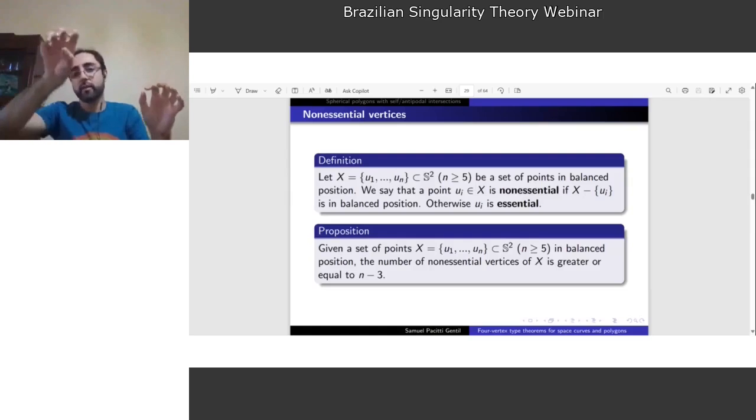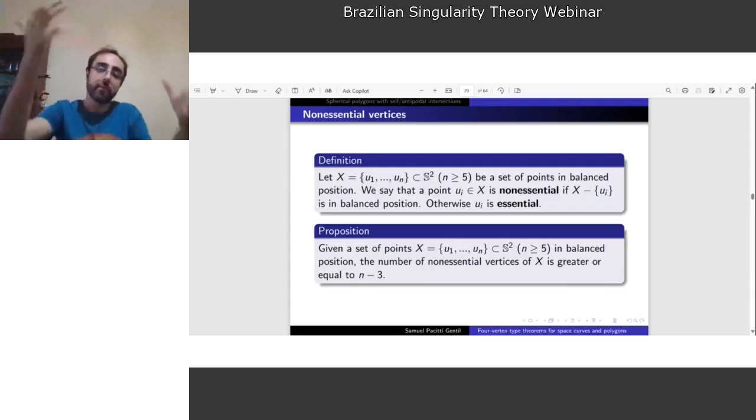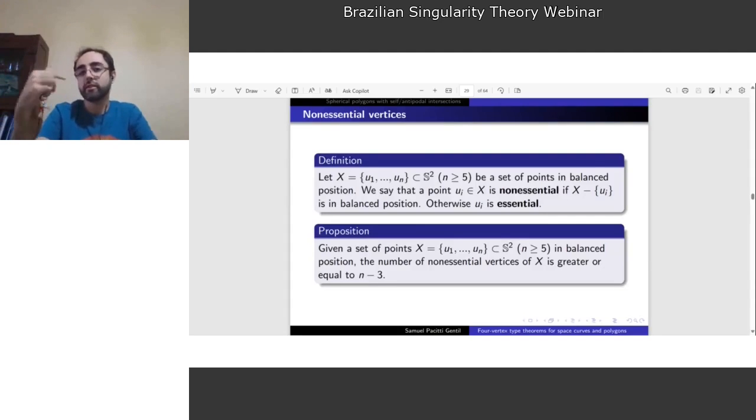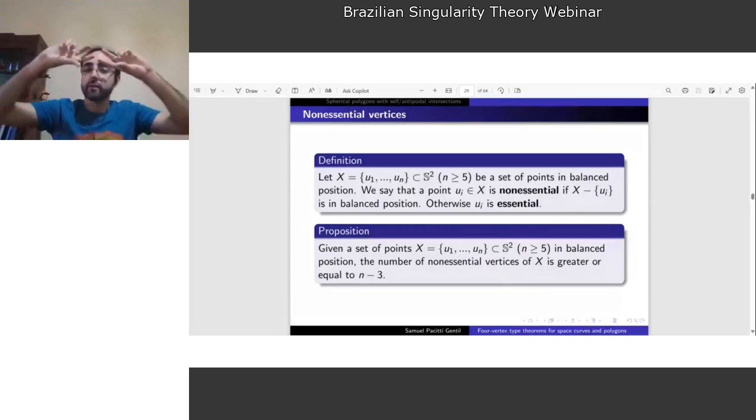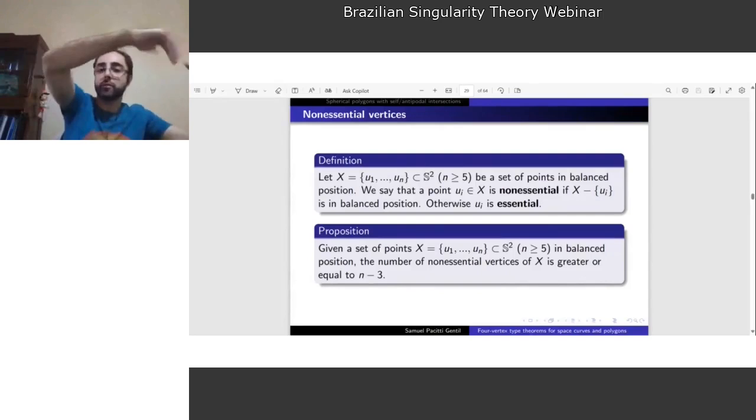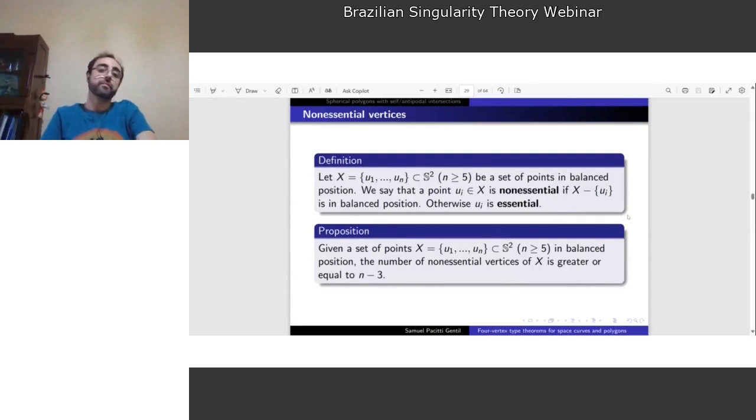If we choose one of them and take it out, we see if the rest of the points is in balanced position or not. If the rest of the points is still in balanced position, we say that the point is non-essential. It's not essential for the rest of the points to be in balanced position. Otherwise, we say that the point is essential.